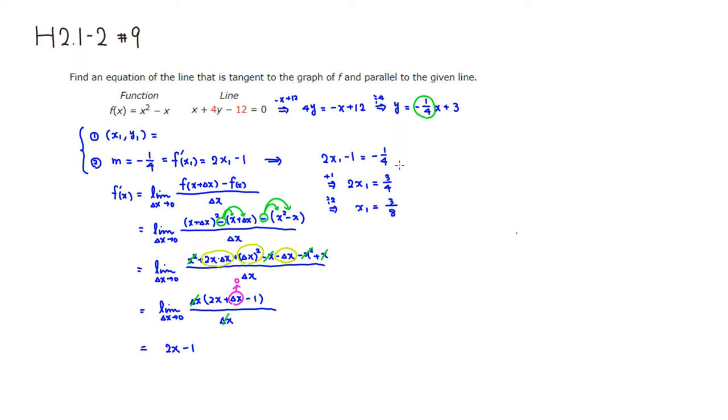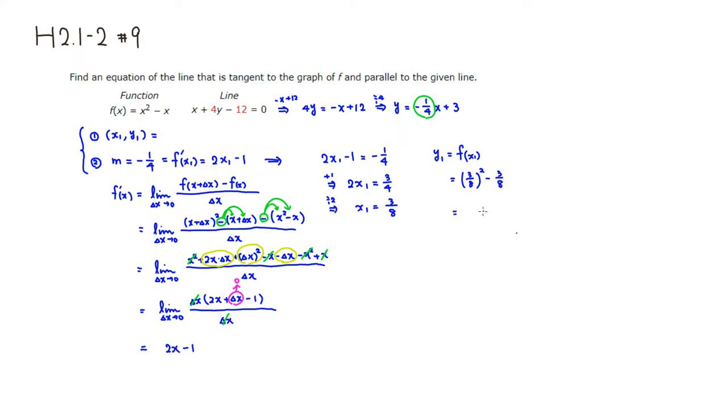Once you have the x1 value, y1 can be found by simply using the original function and plugging in x1. In this case, f of x is x squared minus x, and we're plugging in 3 over 8. So it's going to be 3 over 8 squared minus 3 over 8.